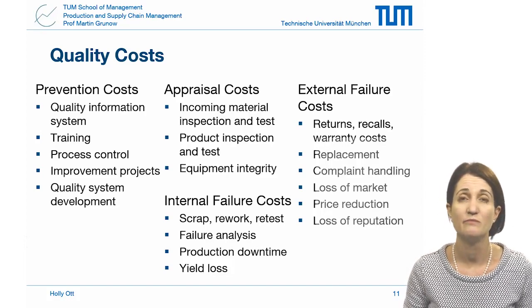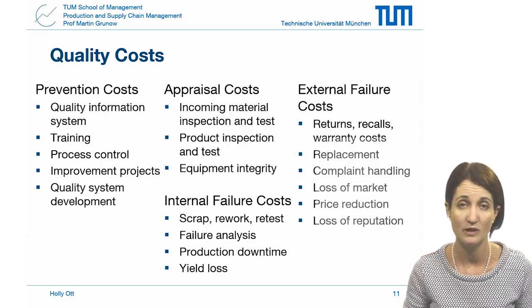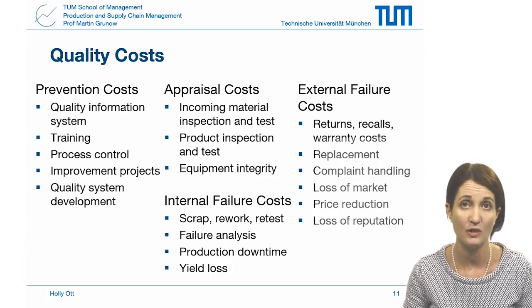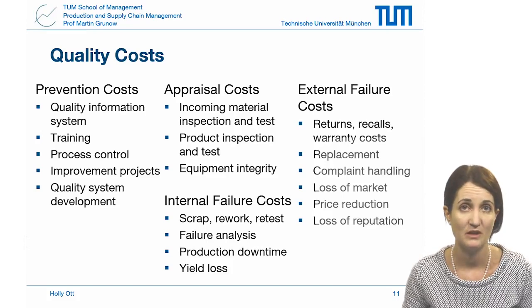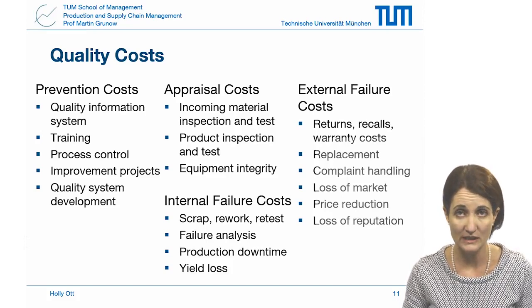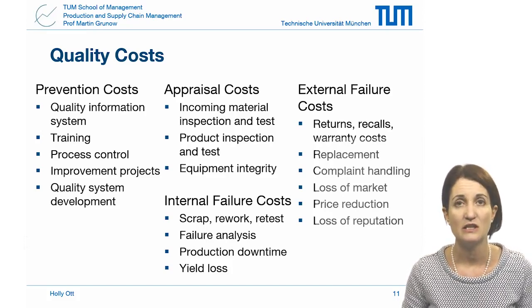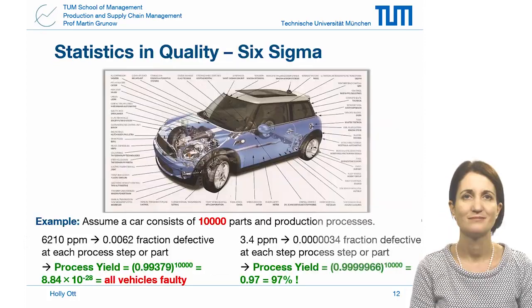And then that could even mean a price reduction for our product. So a direct loss of profit, gross margin on our bottom line, and in the end, maybe a loss of reputation. So all these costs in a quality cost study need to be considered in order to decide what we need in order to make a quality product.